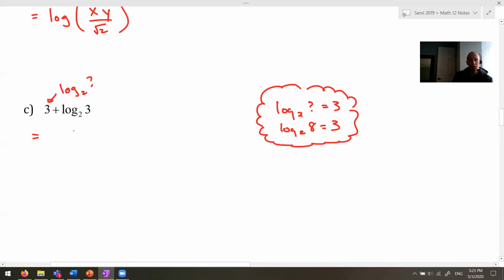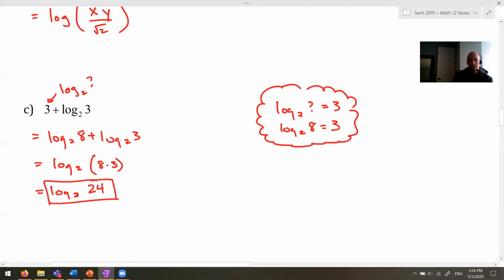So we're going to write this as log base 2 of 8 plus log base 2 of 3. And now, because they're the same logs and don't have any coefficients on the front, I can combine them into one logarithm, where I go 8 times 3. Then this will be log base 2 of 24.